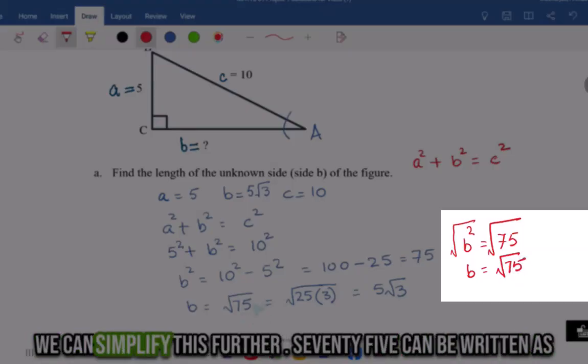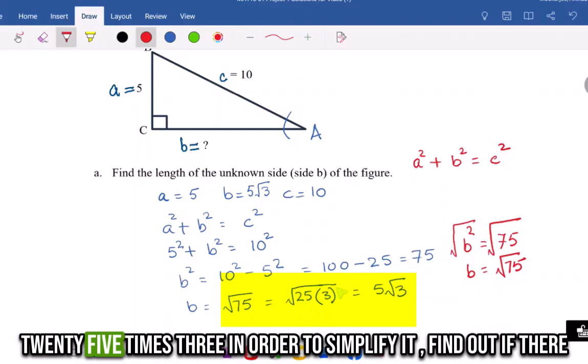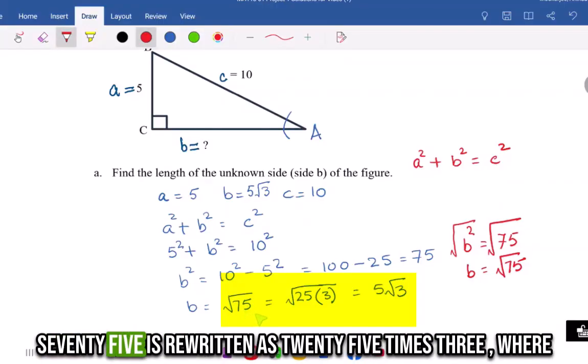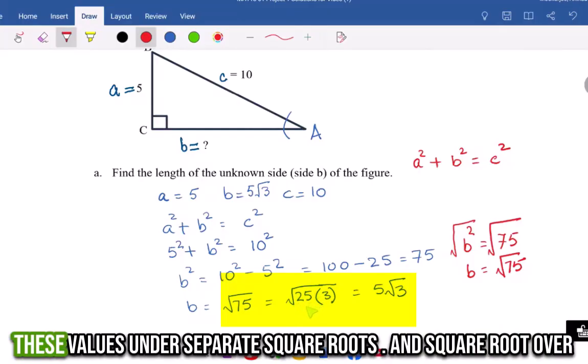Now we can simplify this further. 75 can be written as 25 times 3. In order to simplify it, find out if there is a way of extracting a squared value from the 75. 75 is rewritten as 25 times 3, where 25 is a squared number. So then you separate each of these values under separate square roots.